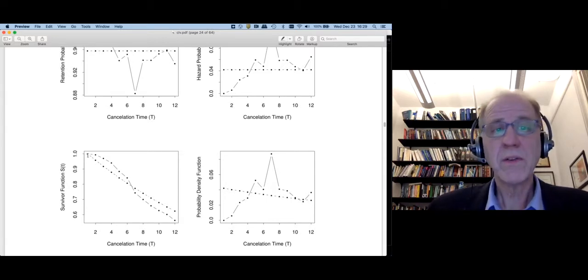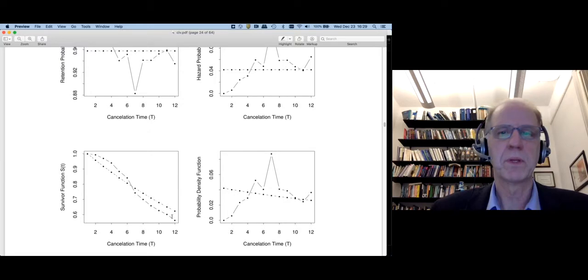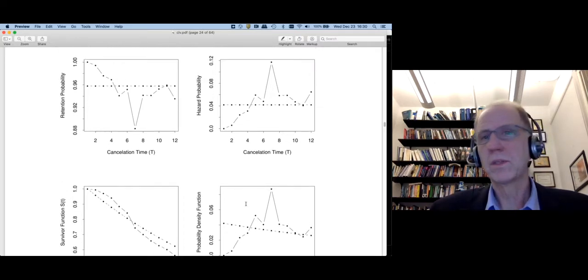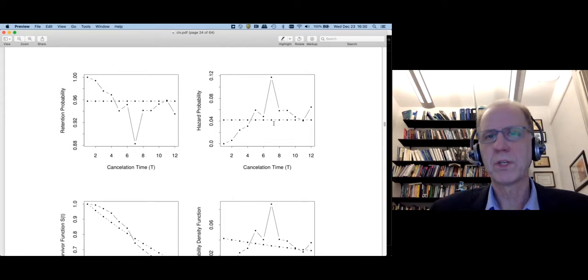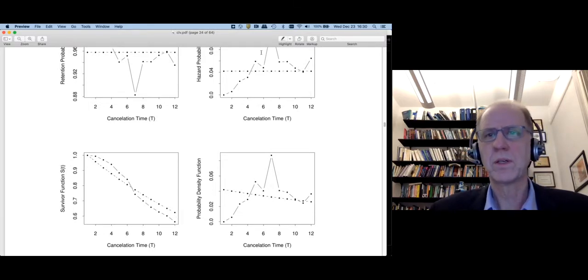What we can see is the survivor function is actually a bit higher when we account for this correctly, and then you get a big drop at month 7, and then it's a bit lower. The PDF or PMF, it should be PMF, looks a whole lot like the hazard function, and that's because the vast majority of these customers survive through the first year. So it's really hard to tell the difference between those two.